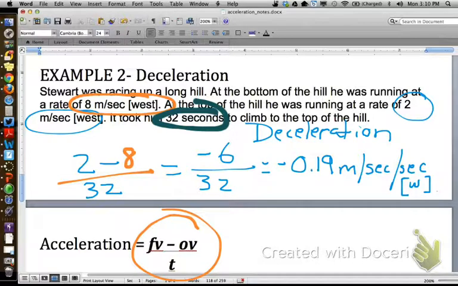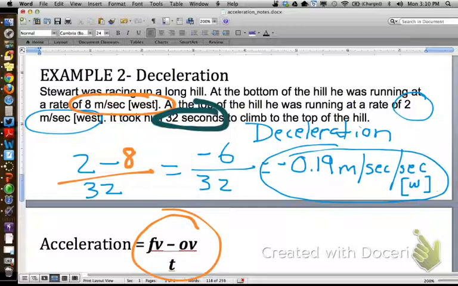And so I get a negative number. I need to remember that I put that in there. That means that every second he was slowing down at a rate of 0.19 meters per second every second.